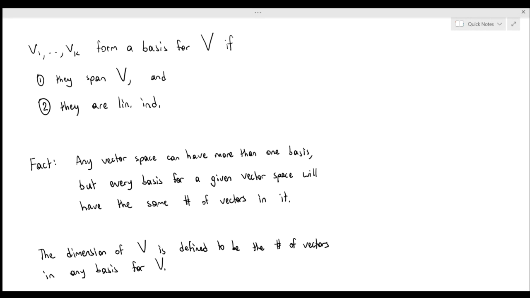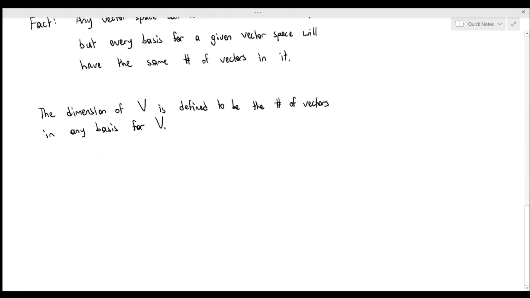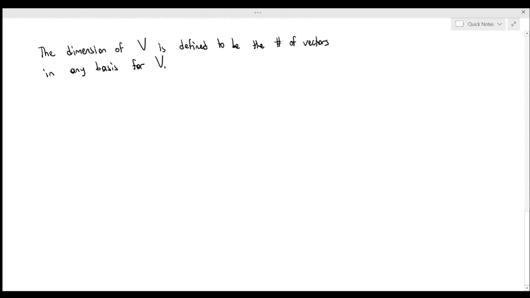All right, so now I'm going to do a whole bunch of examples. I'll start with some pretty simple examples. I want to talk about the standard basis in Rn. I'll use R3 as a particular example.